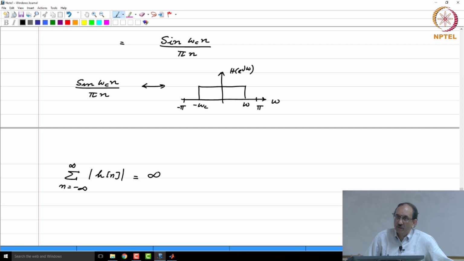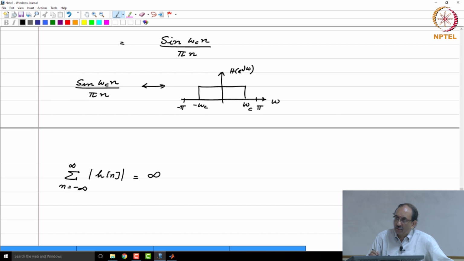And this is no different from what is happening in the continuous time case. The ideal low pass filter in the continuous time case, its impulse response was, just replace little omega c by capital omega c, and then instead of the highest frequency being pi, the highest frequency will be infinity.